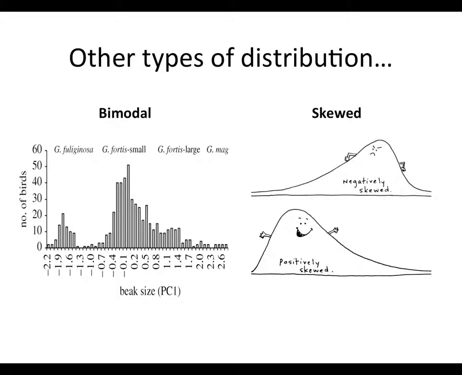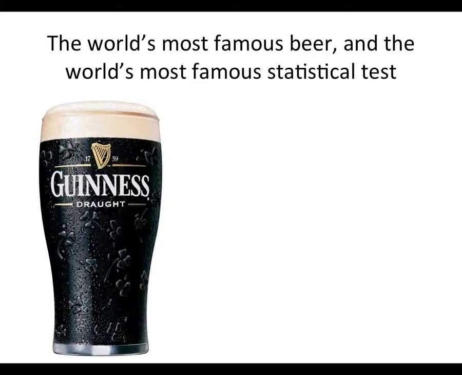I need to take these hills into account because these hills play a huge role. What we're going to do today is learn this test that takes the hills into account to determine whether two hills are very much different from each other.